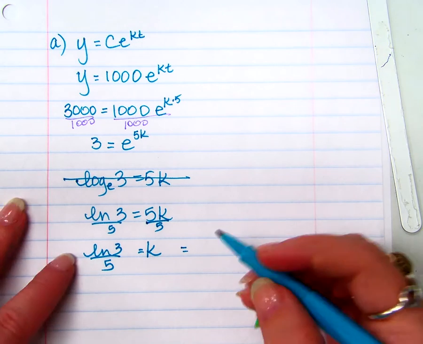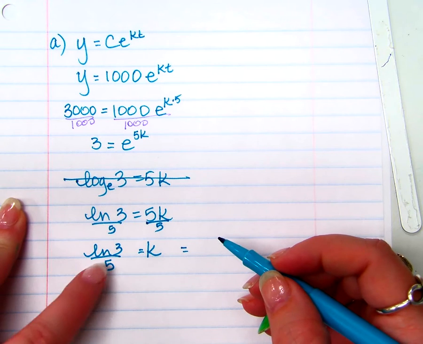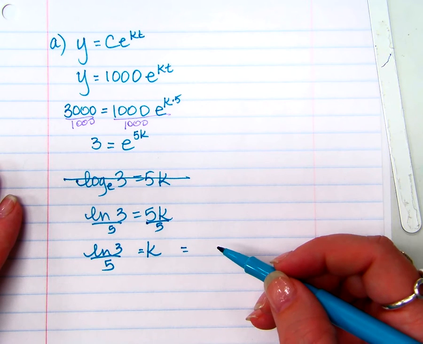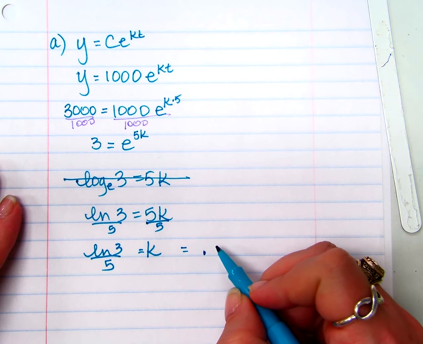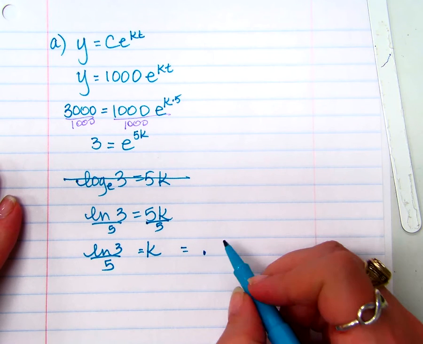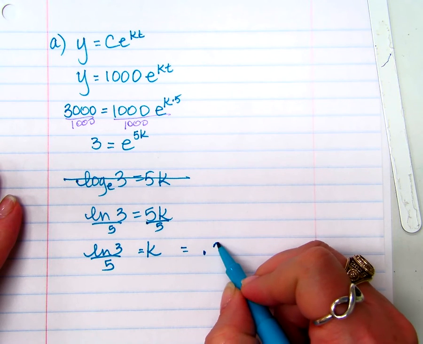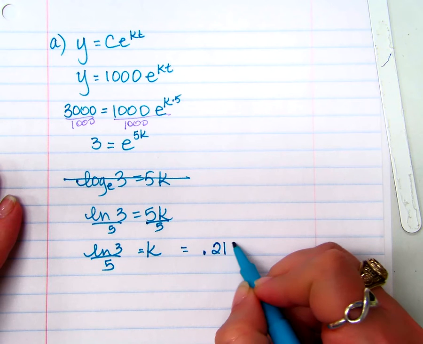Yep. Divide natural log of 3 by 5. 0.219722.